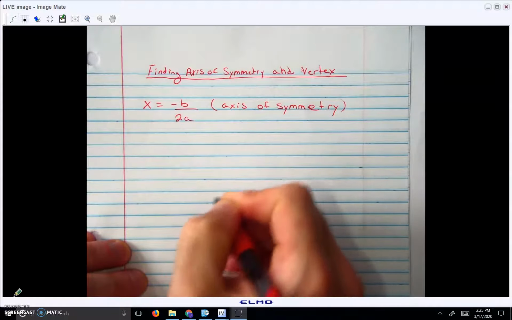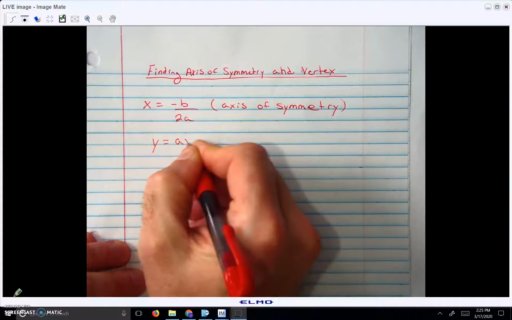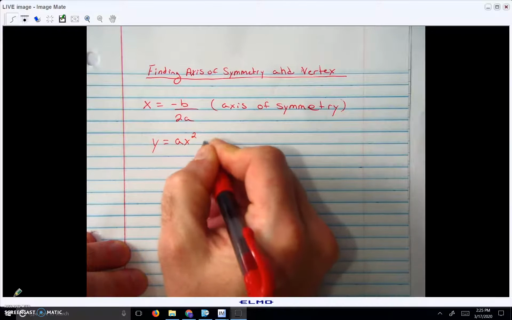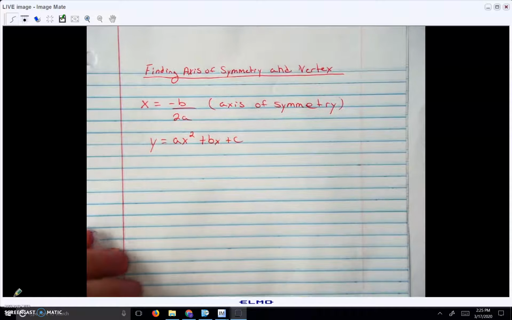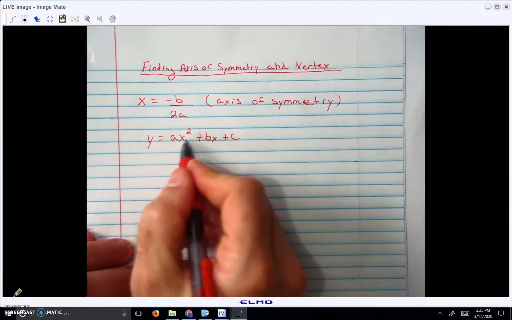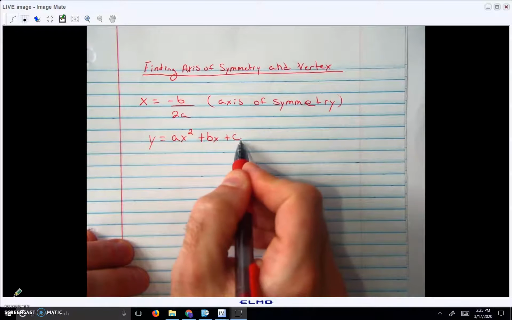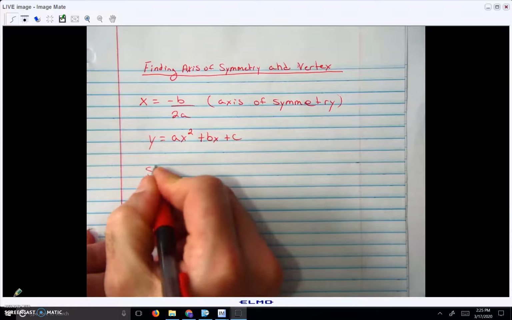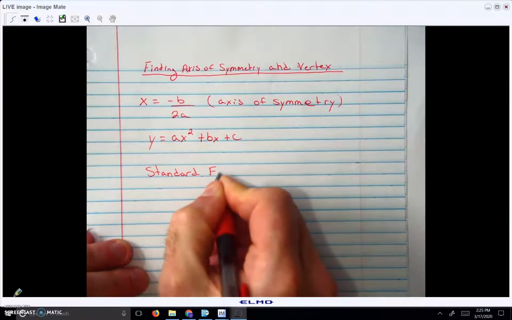But in order to use that, I first have to get my equation into standard form. Standard form is y equals ax squared plus bx plus c form. So don't forget, I have to have it in standard form, the x squared, then the x, then the constant. So I'm going to give you an example in standard form first, then we'll talk about factored form.